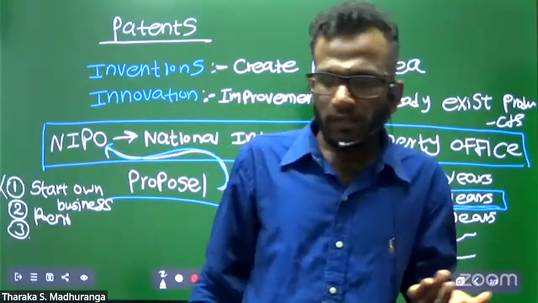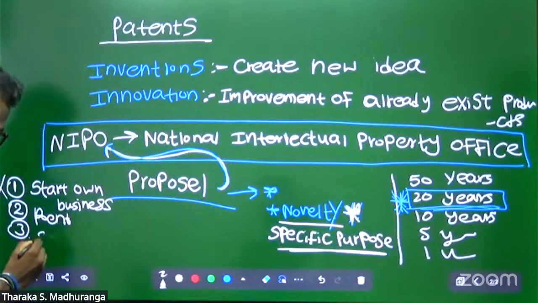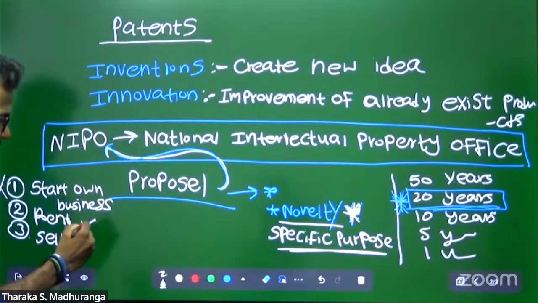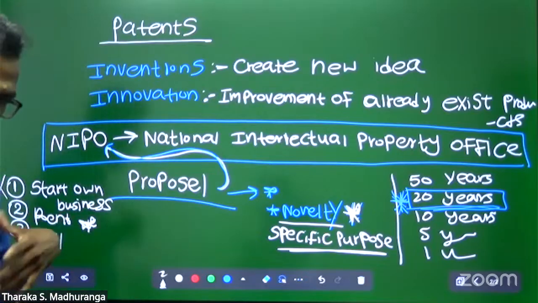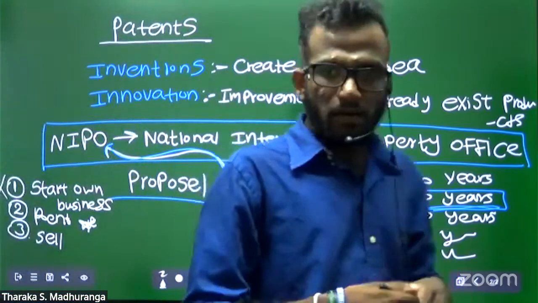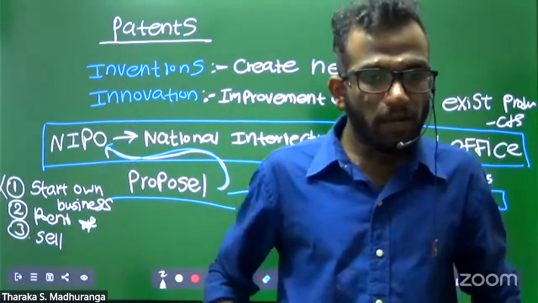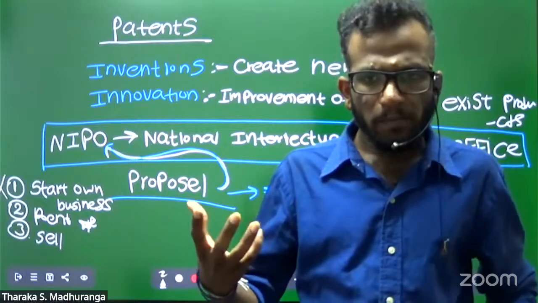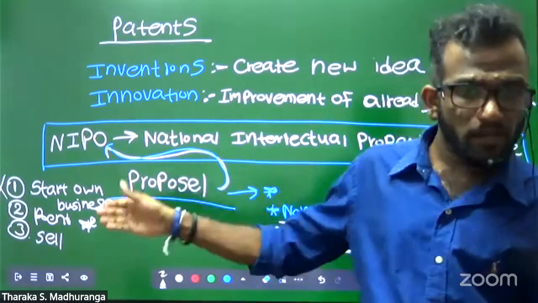Okay, that's how you can directly sell the patent. The second one is the most recommended way. Then you can find time for your new innovation, as well as get income within 20 years.